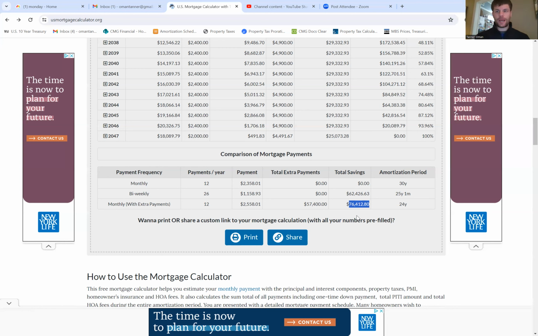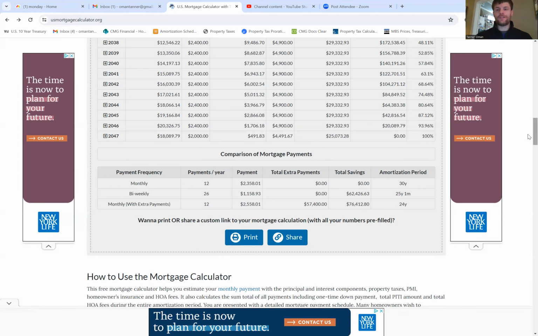You don't have to set up a bi-weekly payment plan. You don't have to do anything like that. If you have a month where you don't have that extra $200, you can always not pay that, right? But in this example, just $200 a month extra, that would save you $76,000 in interest costs. And it would help you pay off that mortgage in 24 years instead of 30 years. So obviously extremely helpful just by making these little extra payments.